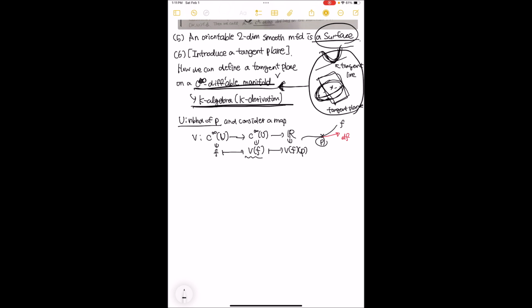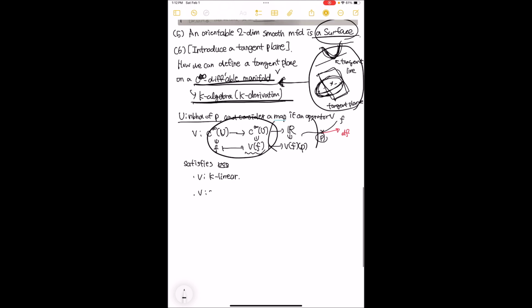But if an arbitrary operator V satisfies, we can think about only this part, V is K-linear, and V satisfies the so-called Leibniz rule.